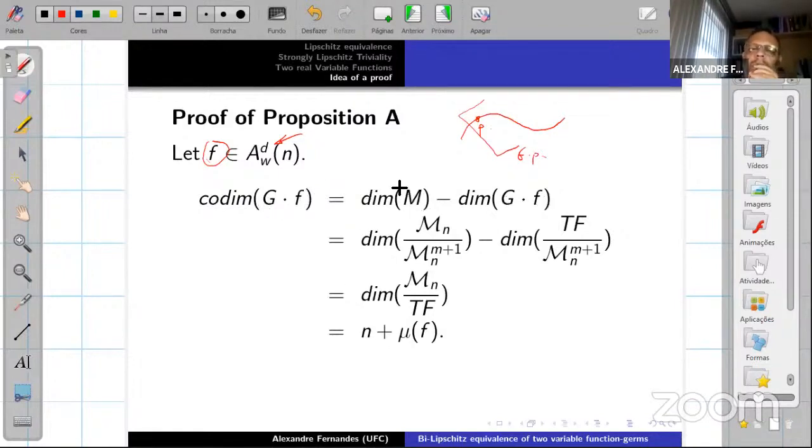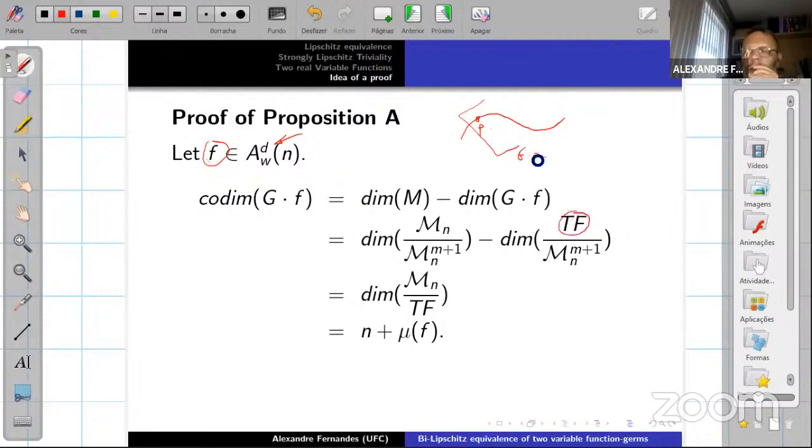So the space is an m-jet space. Then this is the maximal ideal of O_n, and you truncate by the power m plus 1 of this maximal ideal. And for the dimension of the orbit, you have this space here.